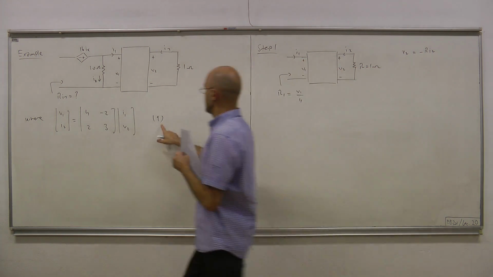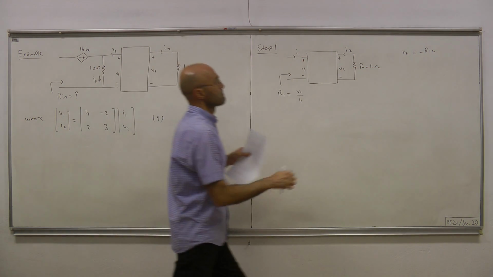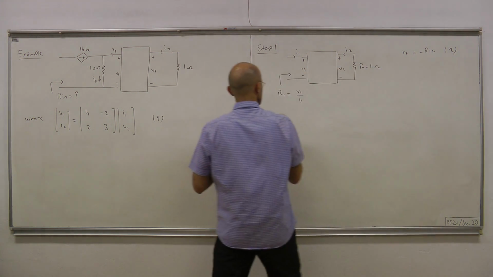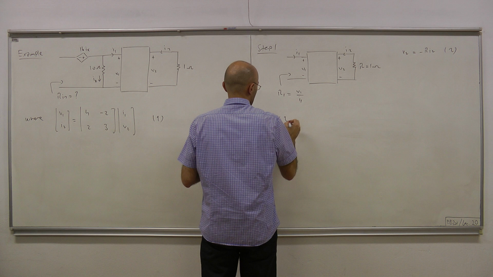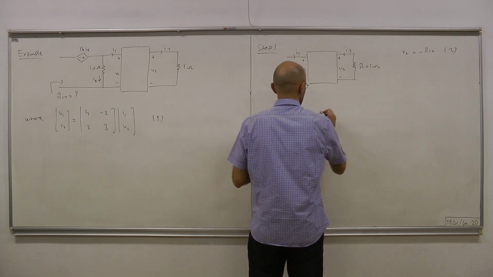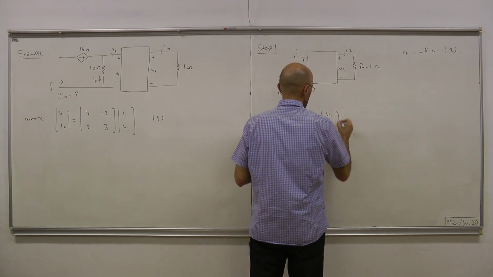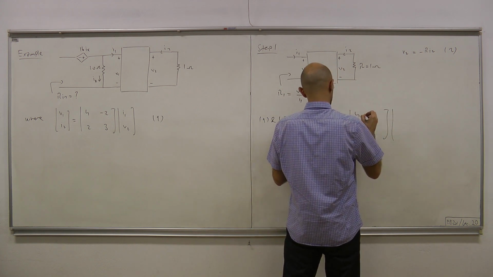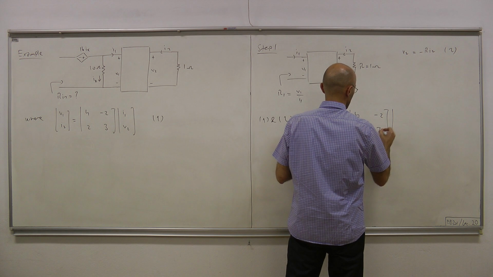We have equation 1, therefore, and if this is equation 2, by 1 and 2, we can write V1, I2 equals the hybrid parameters 4, minus 2, 2, 3.